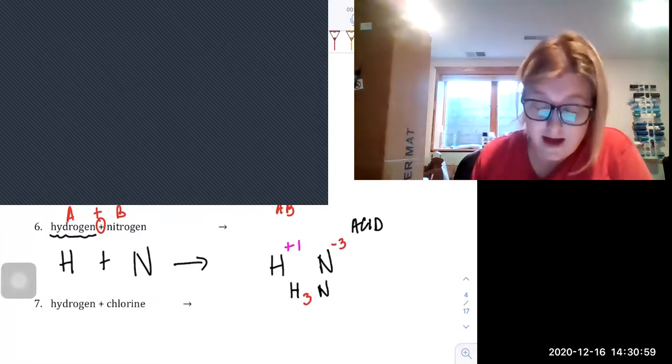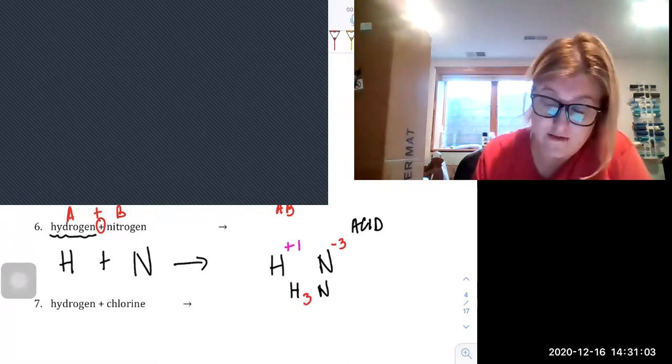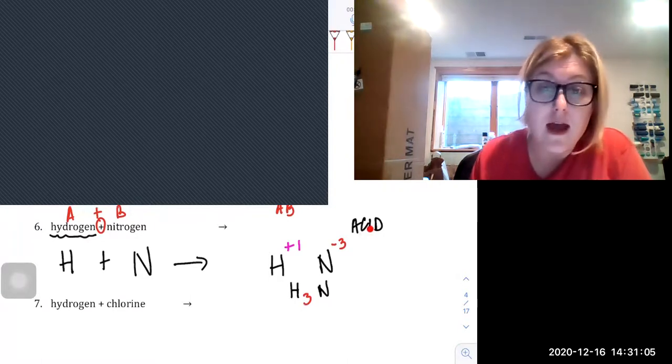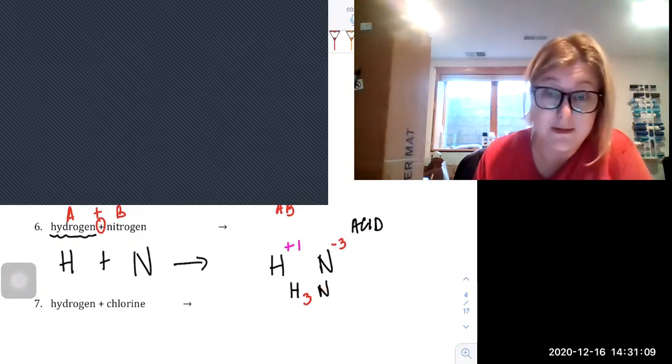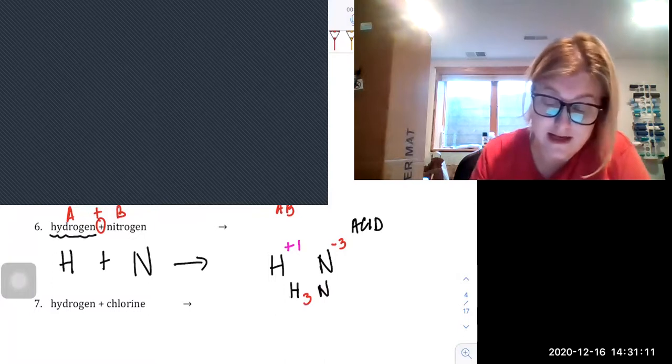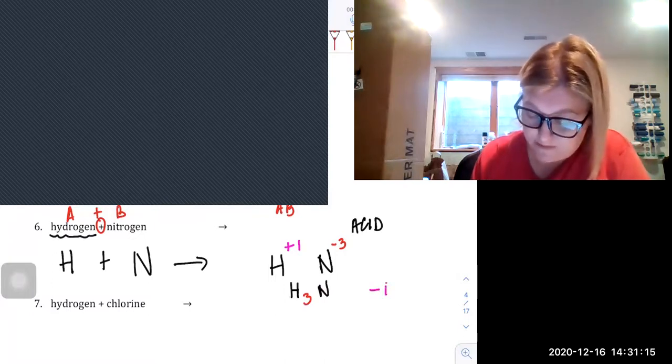Now, what's the name of that? Well, because it starts with an H, it's an acid, which I already have the name here, okay? And because it's just N, which means this used to be nitride with an IDE ending. Okay, so I'm just going to write that off to the side.